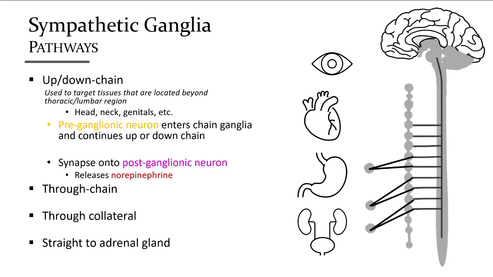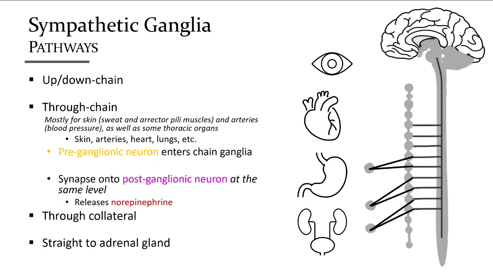The pathways through the sympathetic ganglia can be numerous. It can go out from the spinal cord to the chain ganglia and then out to various regions of the body that go beyond the chain ganglia. Remember, these come off just at the thoracic lumbar, but they have an outreach all the way up to the eye or all the way down to the bladder, releasing norepinephrine at those regions.